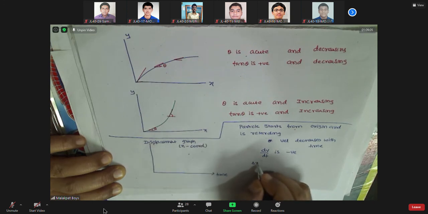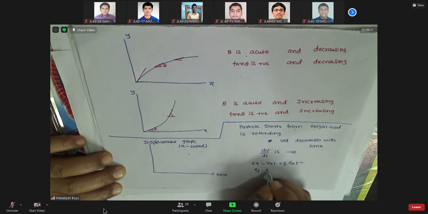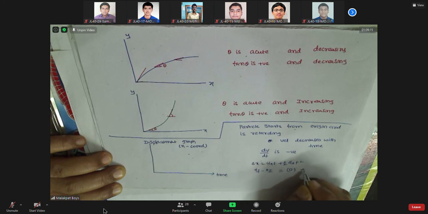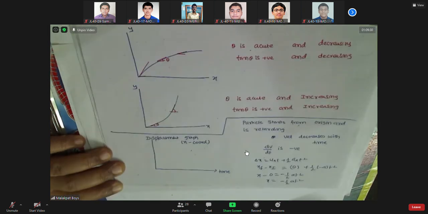Again, say this is the x coordinate. You have delta x equals u_x t plus half a_x t square. x final minus x initial, it starts with zero velocity, plus half into minus a into t square. Initially it is at the origin, so x is equal to minus half a t square. Agreed?